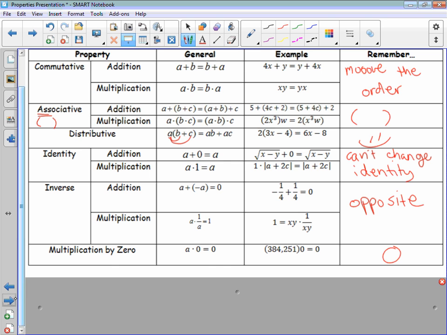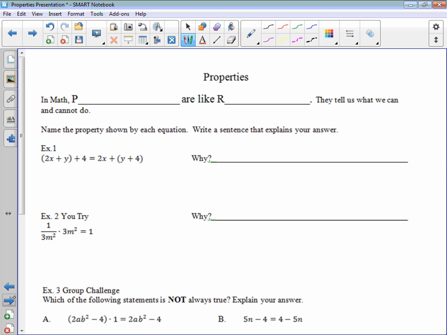So let's go on to the notes. On the back, what's the new P word we said? What are we learning about today? Before parentheses, not PEMDAS. What are we learning today? What's at the title? We said it's properties. P-R-O. That's not how you spell it.